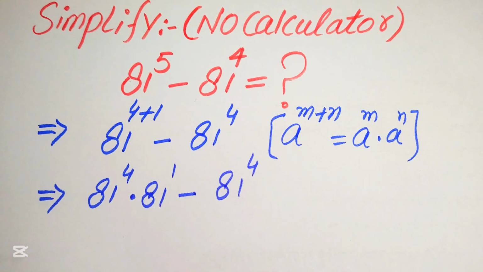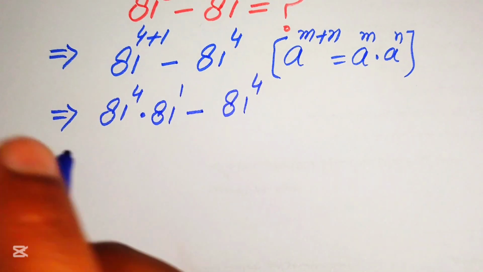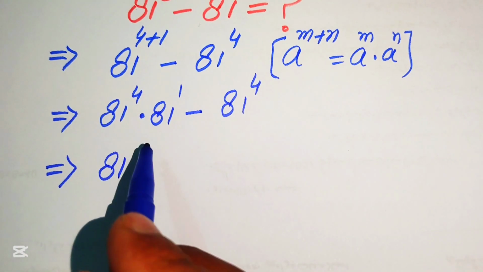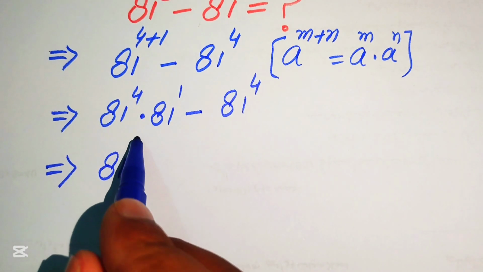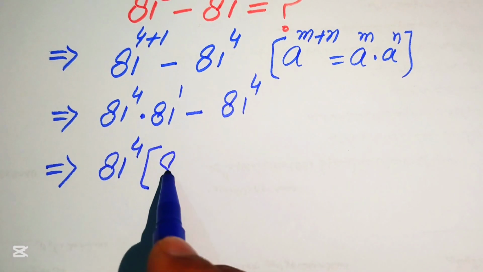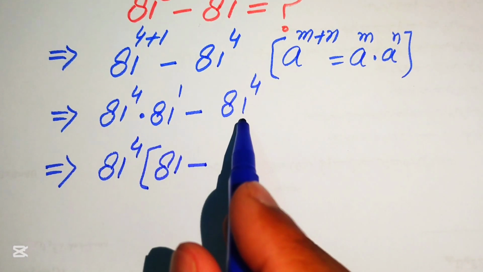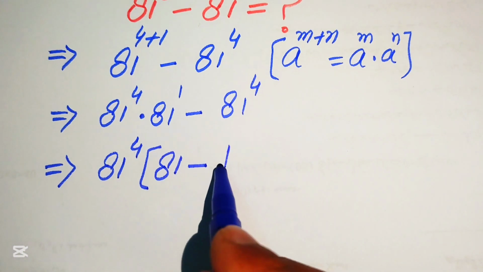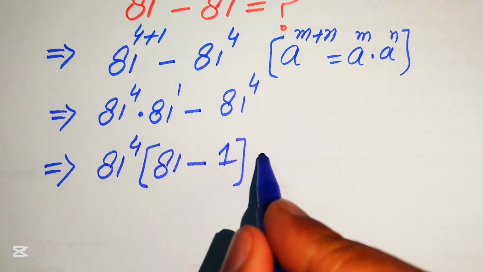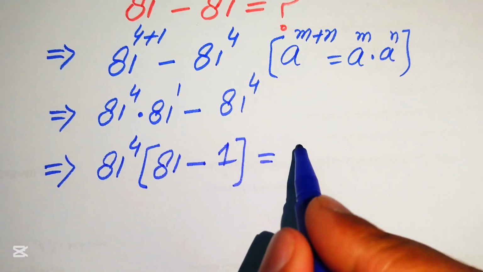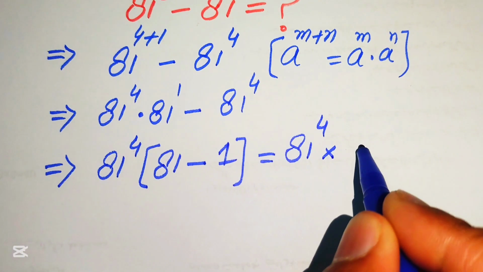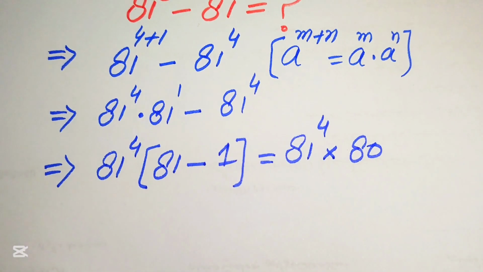In the next step, we have 81 to the power of 4 as the common expression, so we take out 81 to the power of 4, and the remaining terms are 81 minus 1. When we subtract 81 minus 1, we get 81 to the power of 4 multiplied by 80 only.